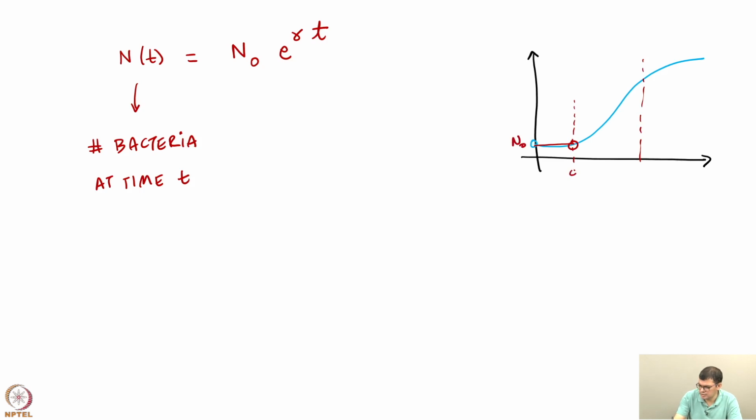And let us say, as far as the log phase is concerned, this time here is t equal to 0, and at any given point time t in the log phase, if we were to estimate how many bacteria are here, that is Nt.